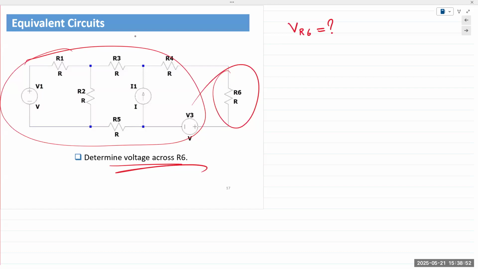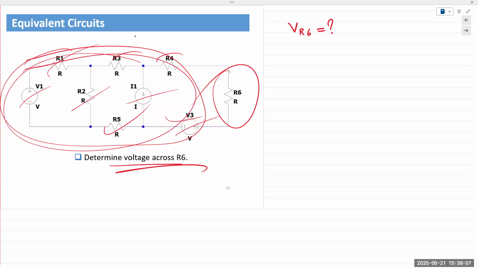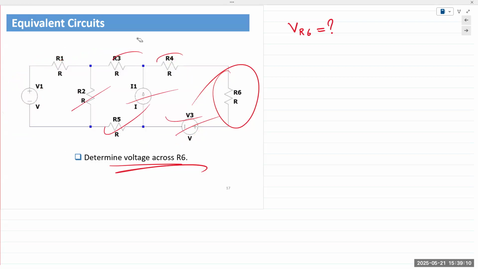So when you first begin, you might be beginning from scratch. You don't know the value for V1, I1, V3, none of the resistors. But slowly but surely, you try a few combinations and you finally arrive at a circuit where all values are known except for R6.